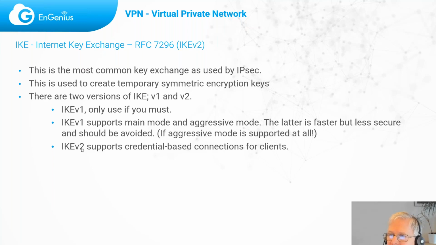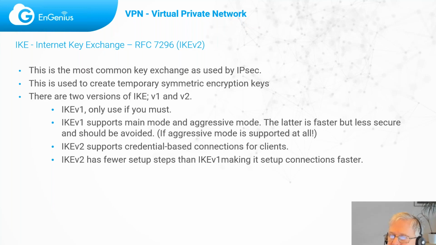IKE V2 supports credential-based connections, which V1 does not. That only does pre-shared key. And another thing is V2 can be faster in setting up connections, because for a very basic connection, it needs fewer setup steps.